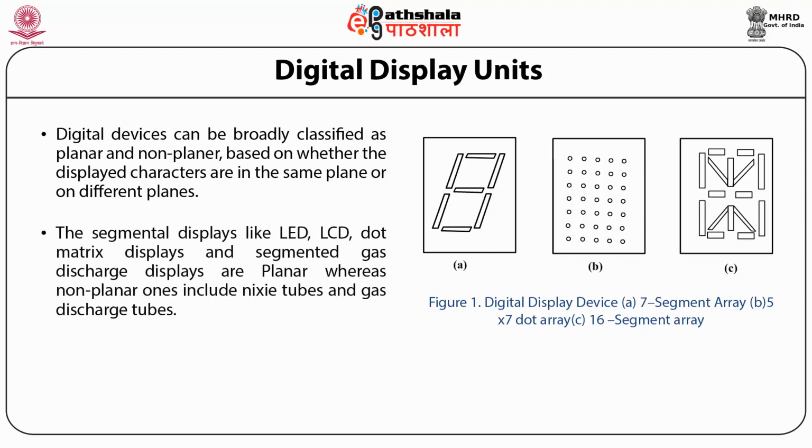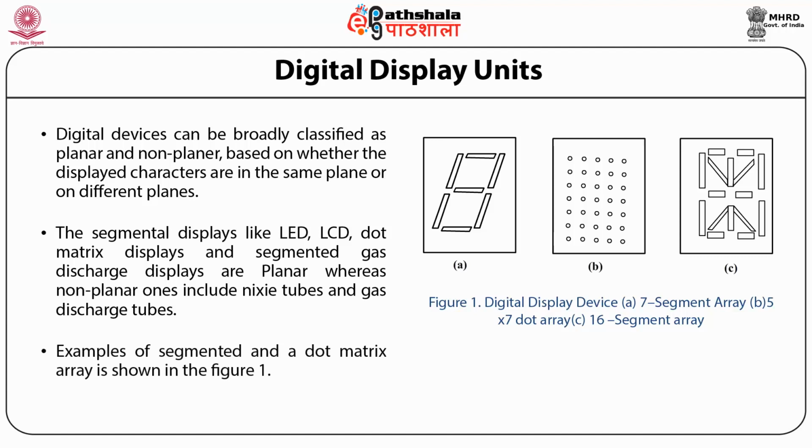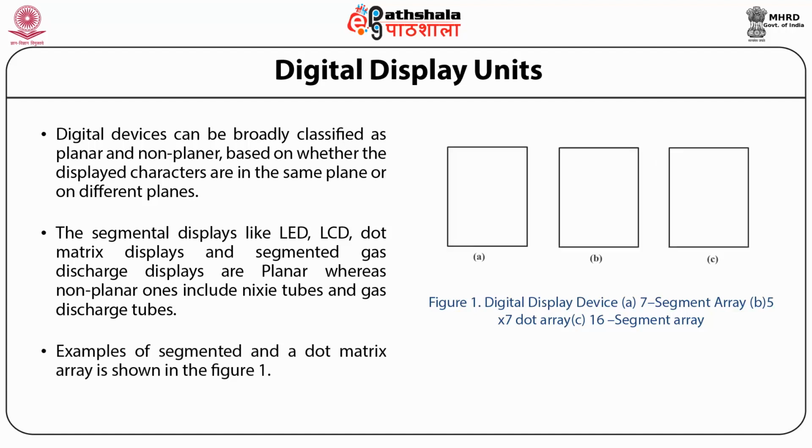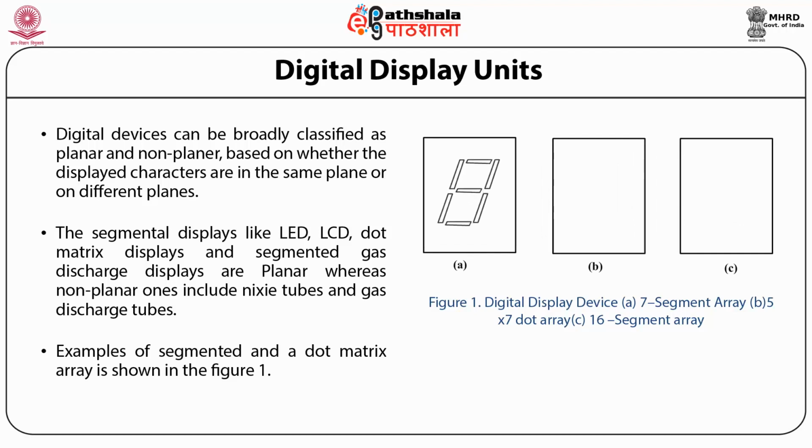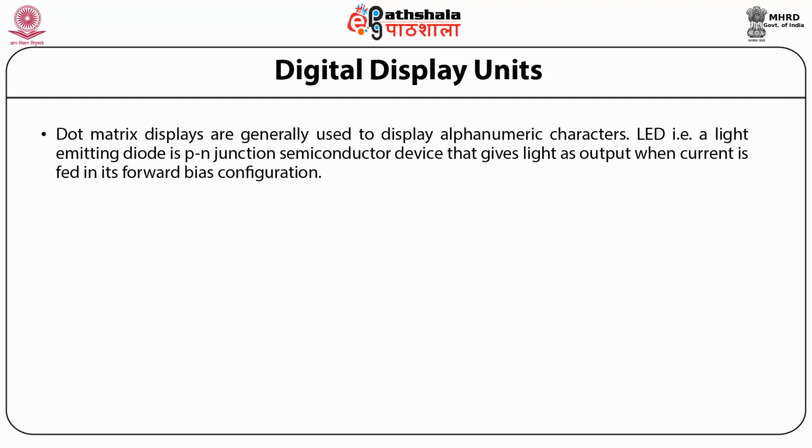The segmental displays like LED, LCD, dot matrix displays, and segmented gas discharge displays are planar, whereas non-planar ones include Nixie tubes and gas discharge tubes. An example of a segmented display and a dot matrix array is shown in Figure 1. Dot matrix displays are generally used to display alphanumeric characters.